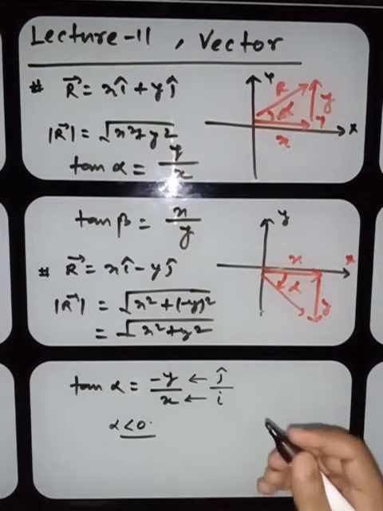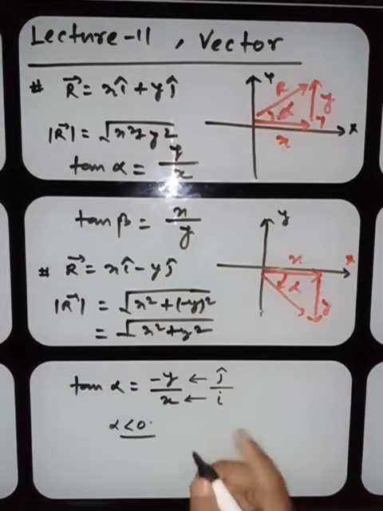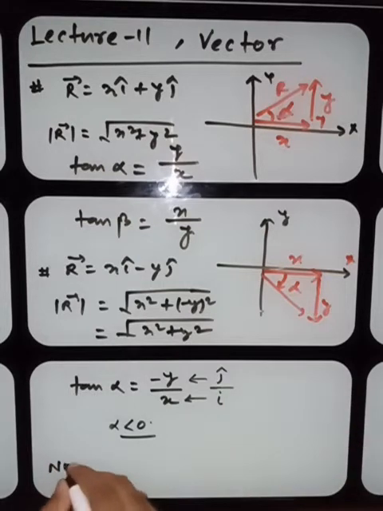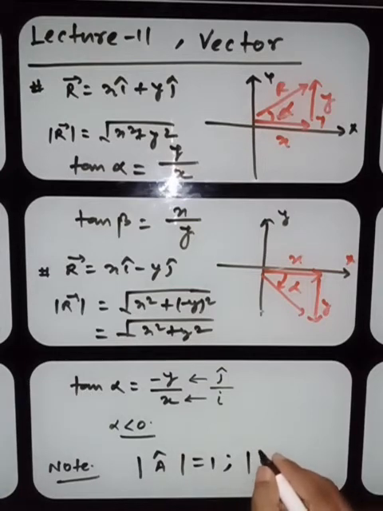One more thing, my dear students, I forgot to teach you in unit vector. Note down in your notebook the magnitude of any unit vector must be 1. What does it mean? If you put this i cap inside the modulus, you will find 1.